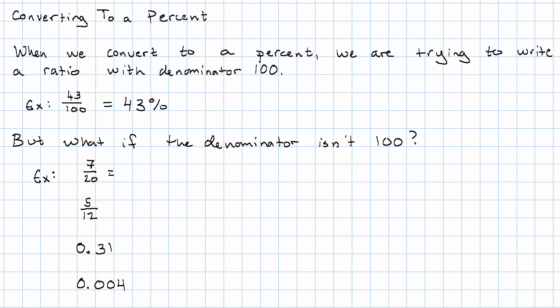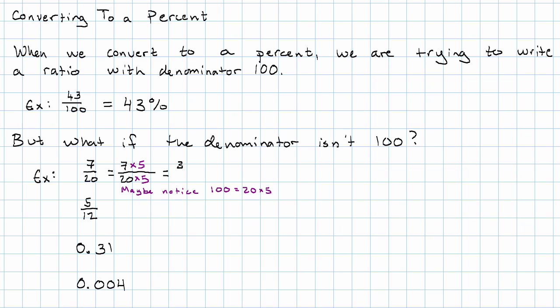7/20ths, maybe we have a brilliant flash of insight. Maybe we notice that 100 is 20 times 5. So we can say 7/20ths, I can multiply my numerator and denominator both by 5.